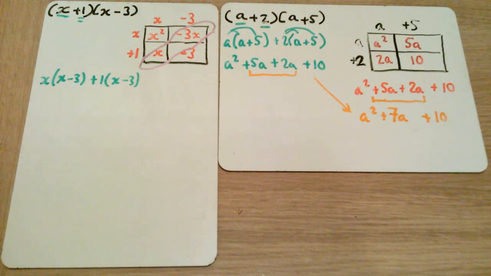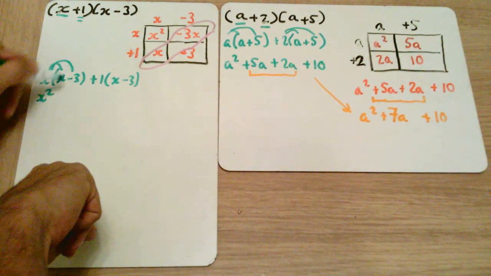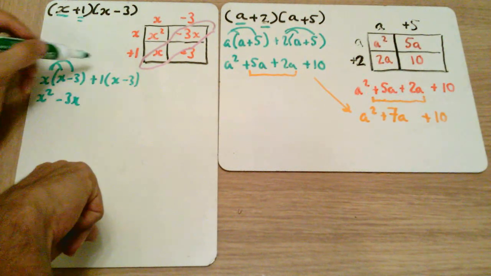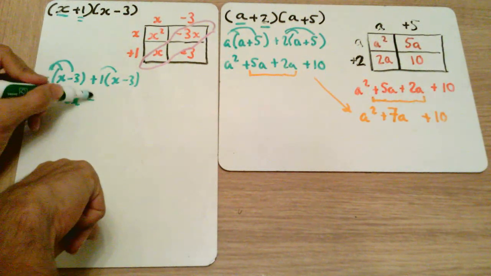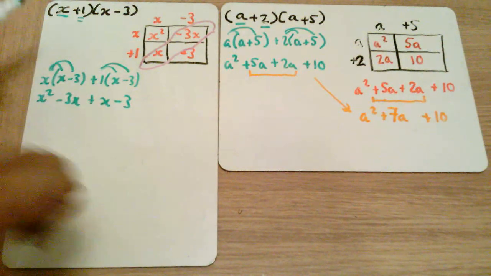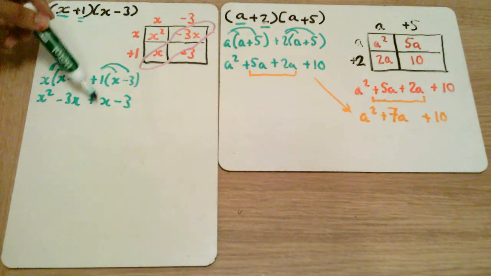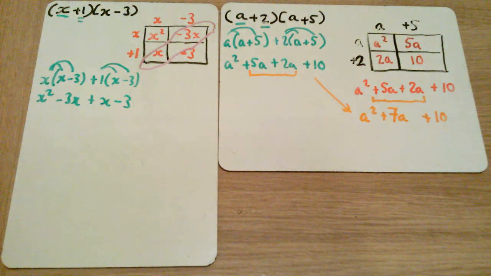And again, if we now expand this bracket, we end up with x squared minus 3x plus 1x or plus x minus 3, which are the same terms as in here: x squared minus 3x plus x minus 3. And we said we need to collect like terms.